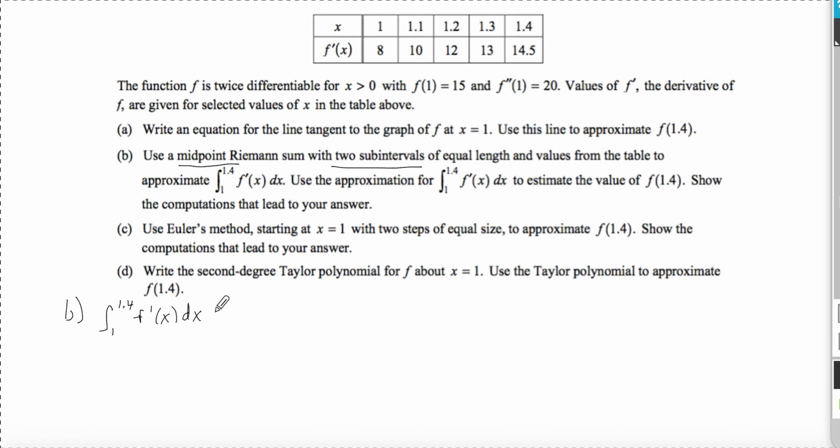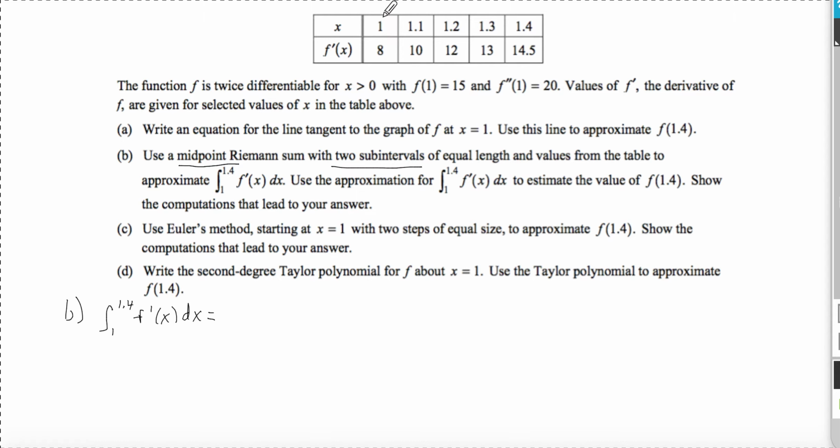I'm going to use a midpoint approximation for this function. I want the area underneath this function, which is what I have up here in my table. So my midpoint approximation. All right, we want 2 subintervals, and we're going from x is 1 to x is 1.4. So I'm going all the way across this table. So what is my interval?